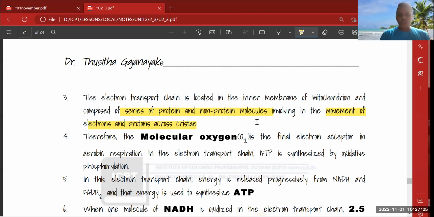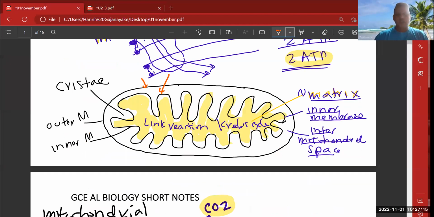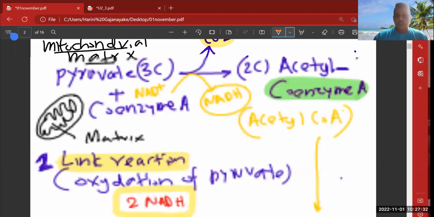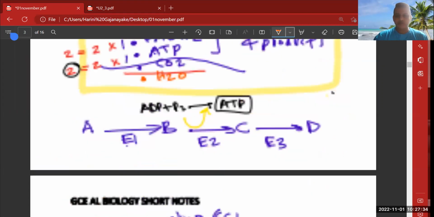Both electrons and protons, hydrogen ions (hydrogen ion and proton are the same thing), across the cristae. So across the cristae, we can understand it as a movement like this, across the membrane. According to the sentence, it can cross the membrane. Now actually it's two different things.